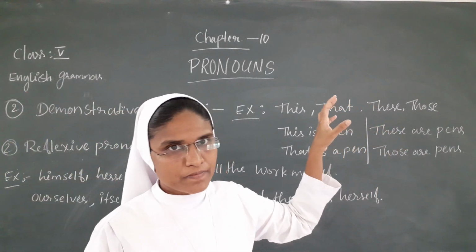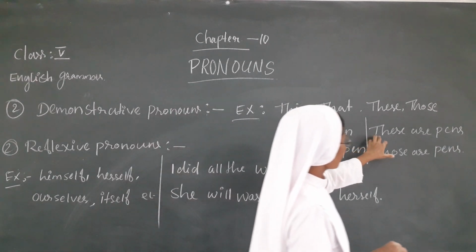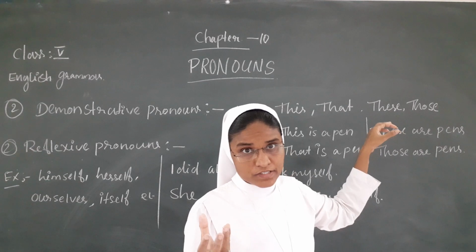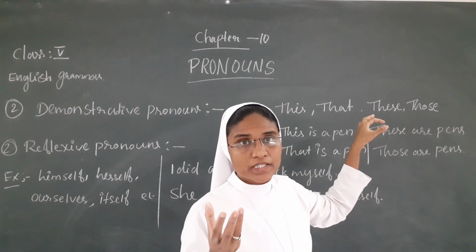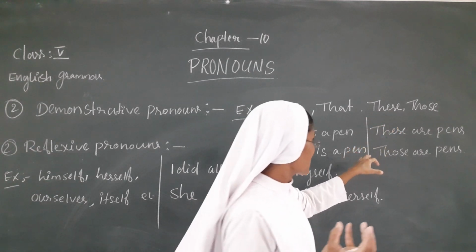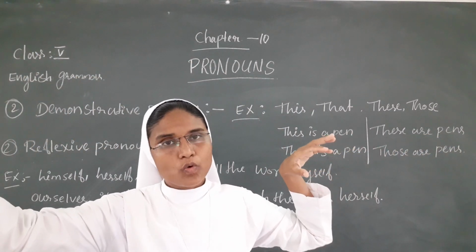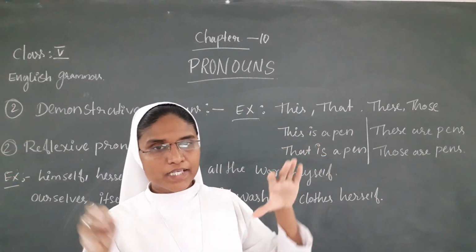This is singular form. So next one: these are pens. The pens are in my hand; that we call near. Those are pens. Those means it is far. Did you understand?